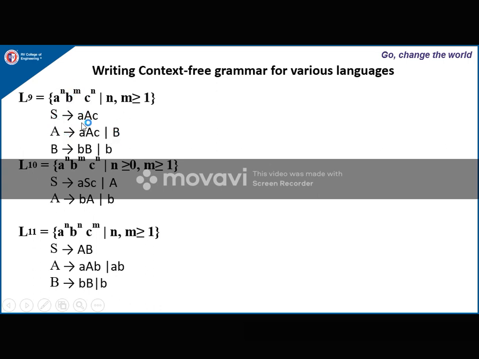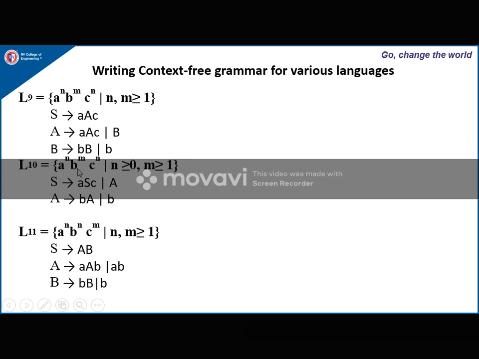So the productions will be S derives aAc and A derives aAc, to generate the last A and C. Once these A's and C's are generated, I can replace this A by B, where I use the B production to generate any number of B's. Since here both n and m are greater than or equal to 1, I have the B production here.